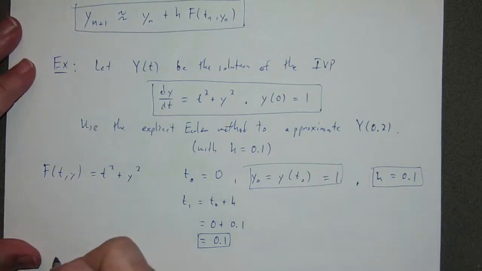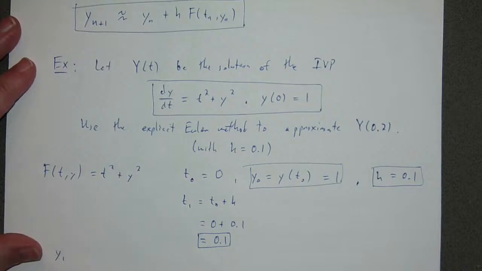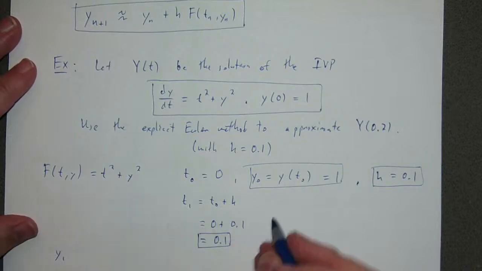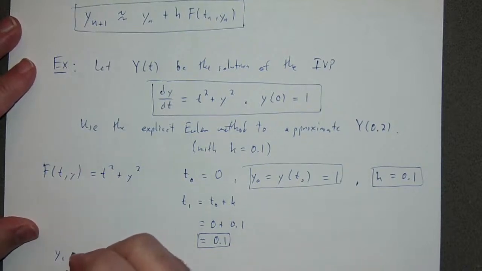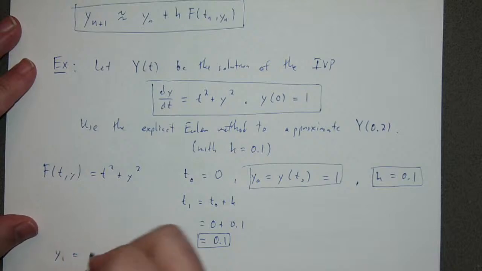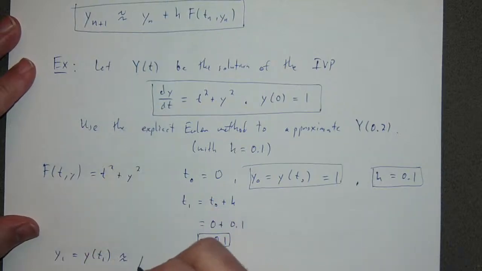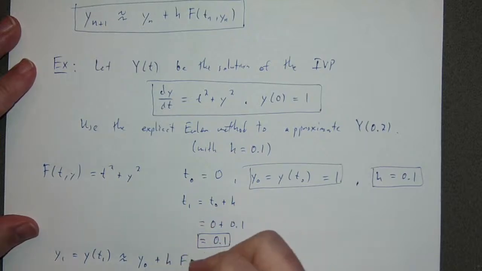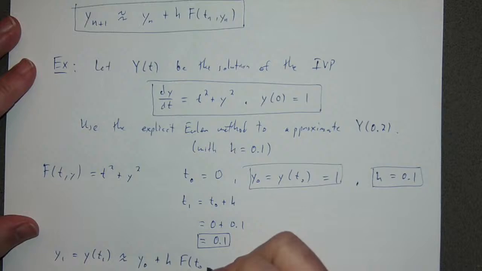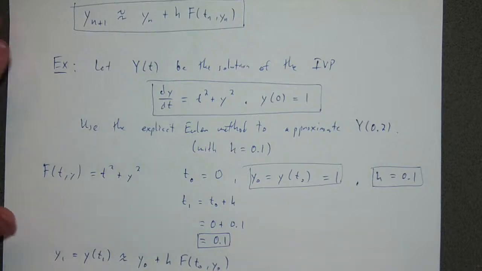By Euler's method, y sub 1, which again is really y of t sub 1, is approximately y of t sub 0, which is y naught, plus h times F of t sub 0, y sub 0.